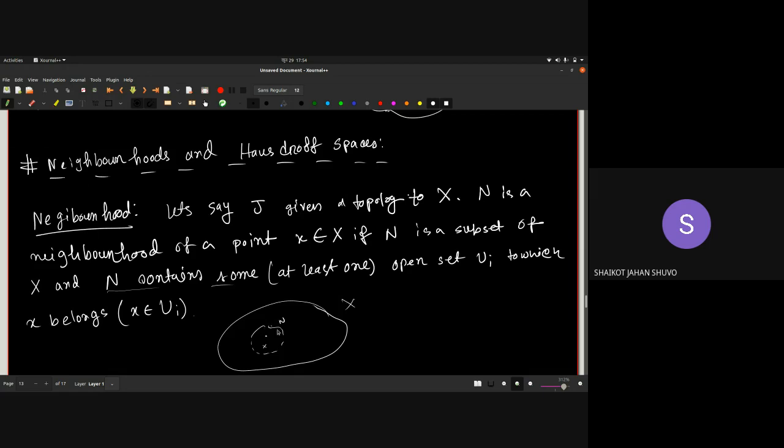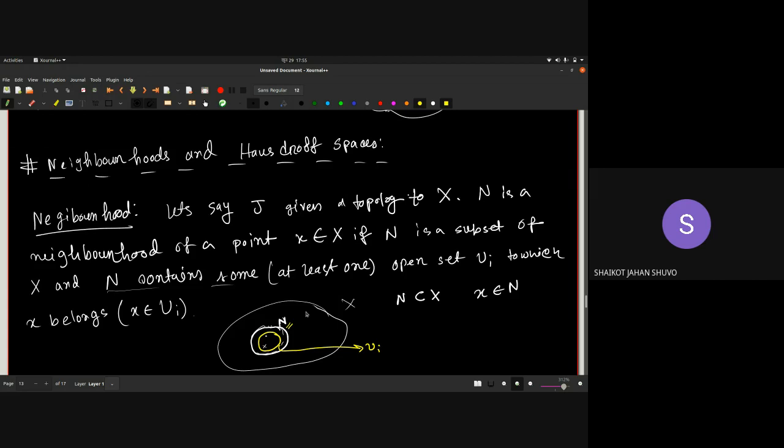That means if this is your N, which is a subset of X, and the small x also belongs to N, at the same time this N will have to carry some open set, which is denoted with U_i. So let's say this is your open set U_i. Then you can call this N a neighborhood of the element small x in some set capital X.